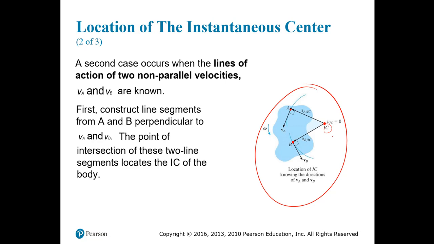Remember that this method is used for you to simplify your calculations. So if you have 2 points known in your body, like A and B, and they're non-parallel, then you can easily find the instantaneous center of velocity by just drawing a line perpendicular to each one of those velocities where they intersect. That will be the point you're looking for, and therefore you can make the velocity at that point equal to zero, as you can see here.